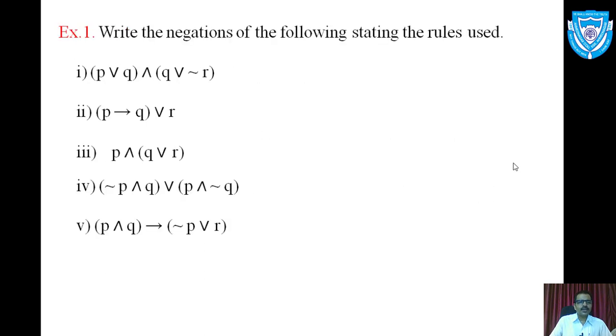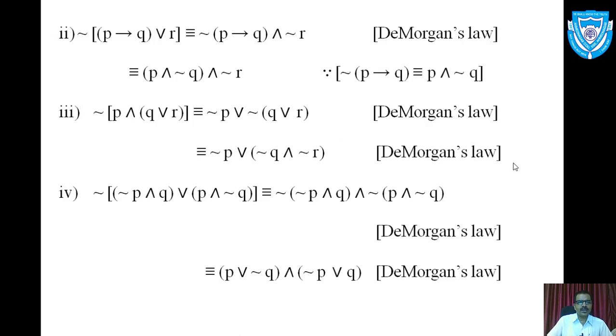Second example, P implies Q or R. Let us take its negation again using all these laws. Negation of P implies Q or R. First of all, you can use De Morgan law. Negation of P implies Q, and negation of R. Now negation of P implies Q is P and negation of Q. That is known to you.